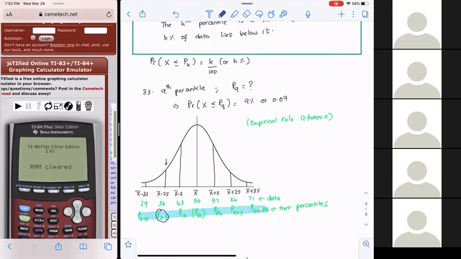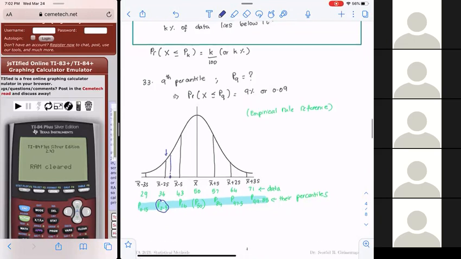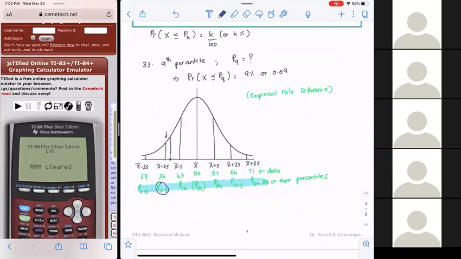So P9 has to lie somewhere between P2.5 and P16. So I'm going to say perhaps it lies right over there. That is my educated guess about P9.